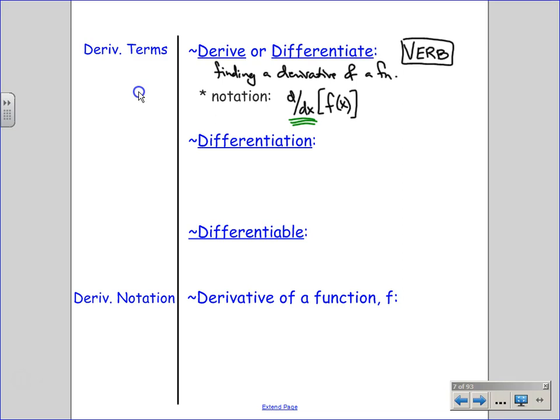Differentiation. Come on, my grammarians. What kind of parts of speech is that going to be? Whenever you have a shun. Not an adverb. Not a verb. Differentiation. It's a noun. If you put a shun on the end, it's a noun instead of a verb.